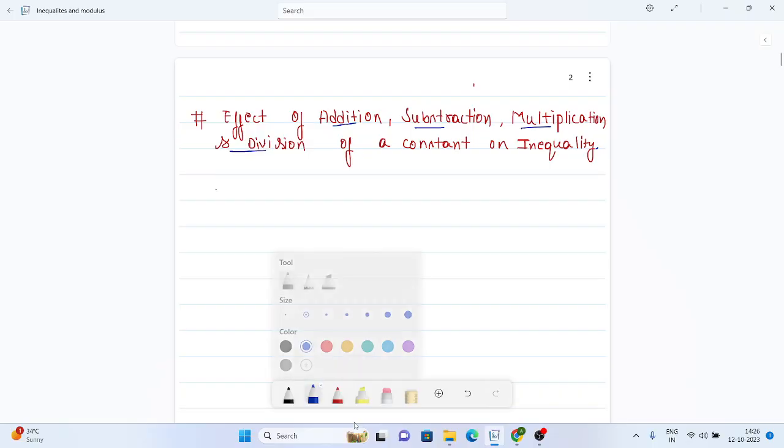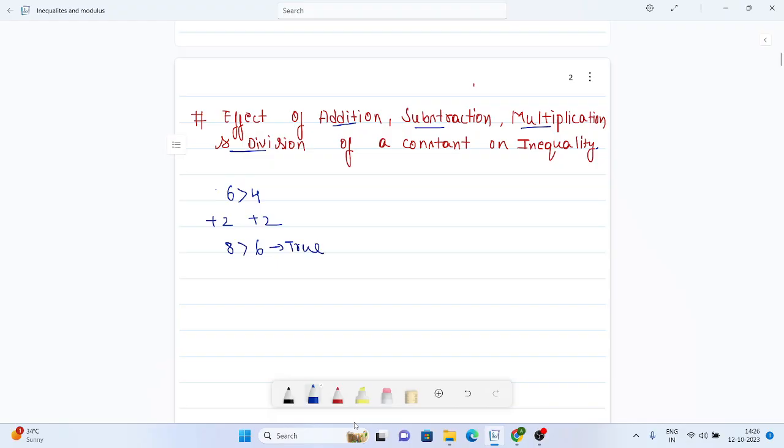First is addition. Let's say we take an example, 6 is greater than 4. And if you add 2 on both sides, you get 8 is greater than 6, which is true. Means when you add something in an inequality, the sign doesn't change. This sign remains as it is as earlier.